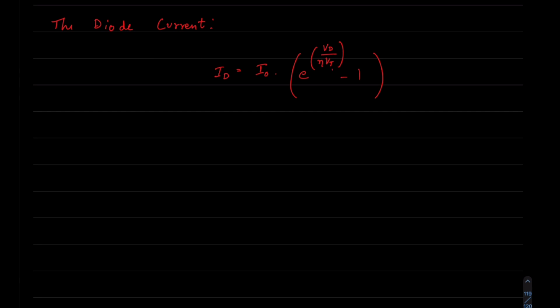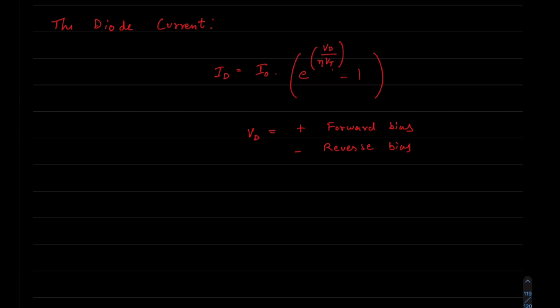I naught is the reverse saturation current. VD is the applied bias voltage, the voltage that we apply. VD is positive for forward bias and negative for reverse bias.